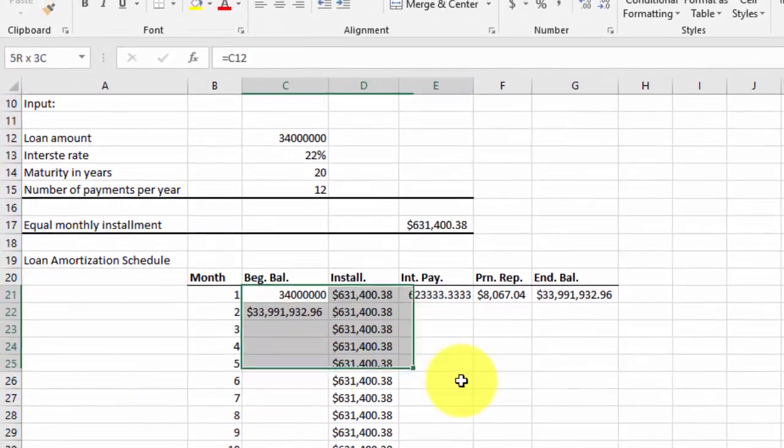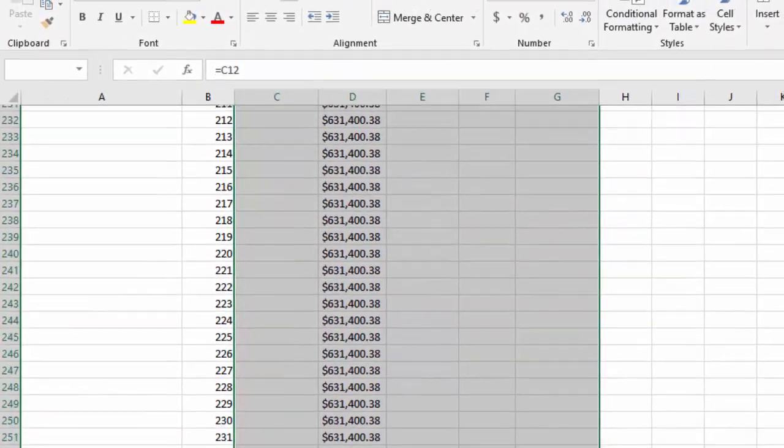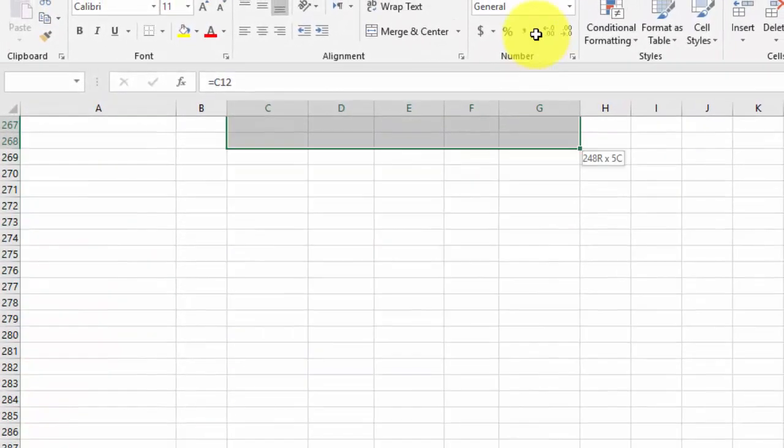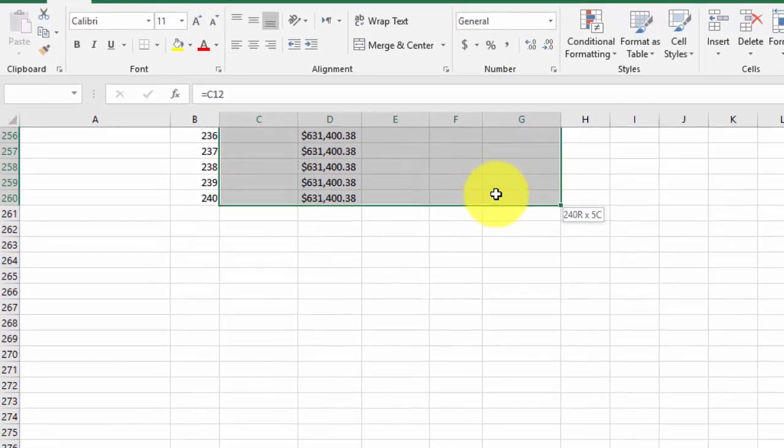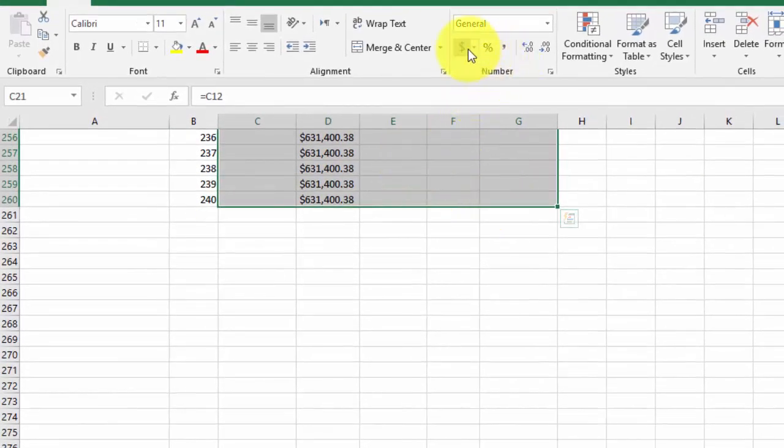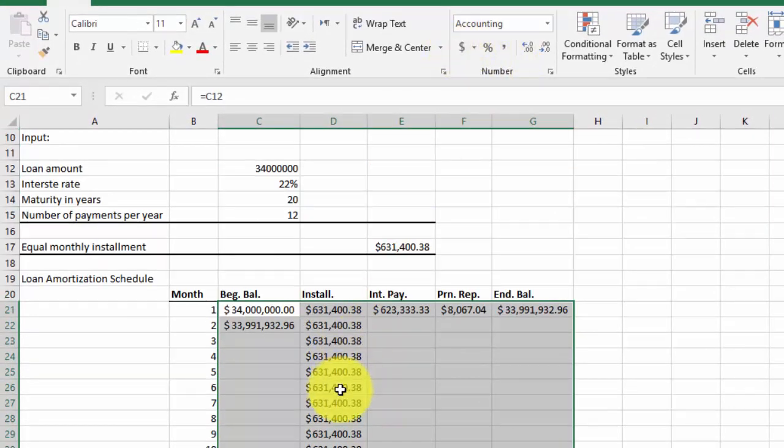What I prefer is to use a uniform format for all of them. Let me put currency format, and I'm going to reduce the decimals to 1 decimal point to make it simpler.